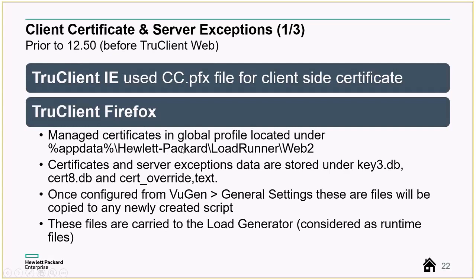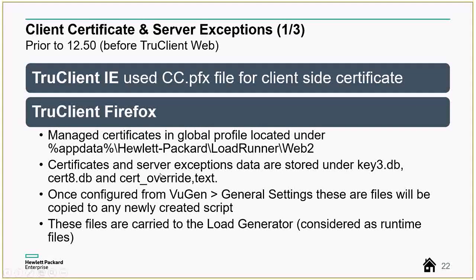We managed the files that were actually stored in the Firefox profile path. These are not TruClient files. They are key3.db, cert8.db, and cert_override.txt. There is a mistake over here with a comma. These files are actually storing this information.